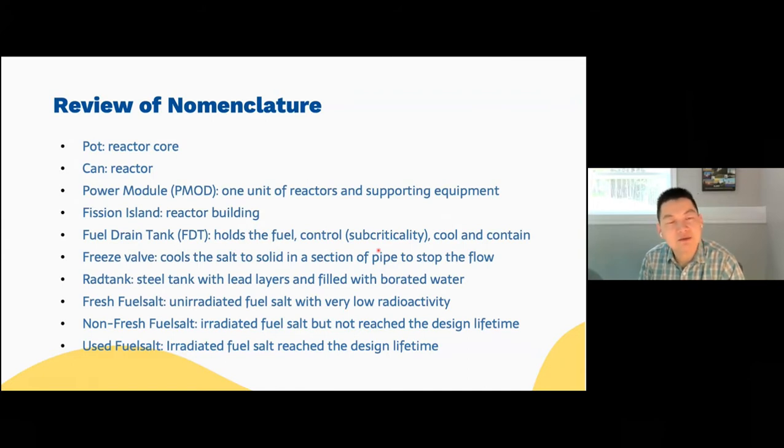So in our design, we call the reactor core the pot, which is really a pot-shaped container. And the can is really equivalent to the reactor in the traditional nuclear power plant.